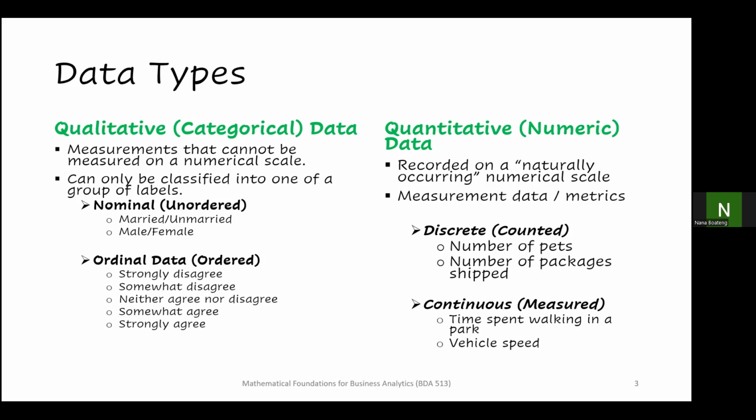Now, in terms of numeric data, we also have what we call continuous or measured. These cannot be counted, like checking the speed, or the time spent walking in a park, or the height of somebody. These are what we call continuous variables.